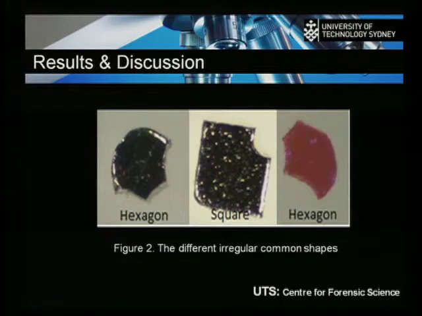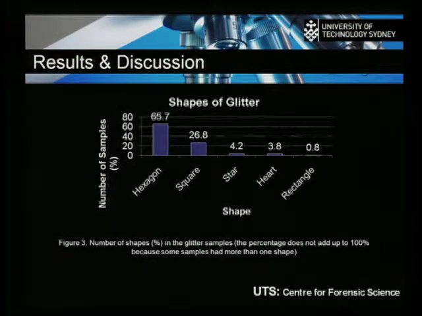You had a lot of glitter particles that would be hexagon, and then a particle like that which would be a bit chipped or wouldn't have really the right shape. So it's something to be aware of when we do some kind of classification. But when we in the end classified by shape, we found that hexagon was by far the most common type of shape, and then we had square, and then very quickly it goes down.